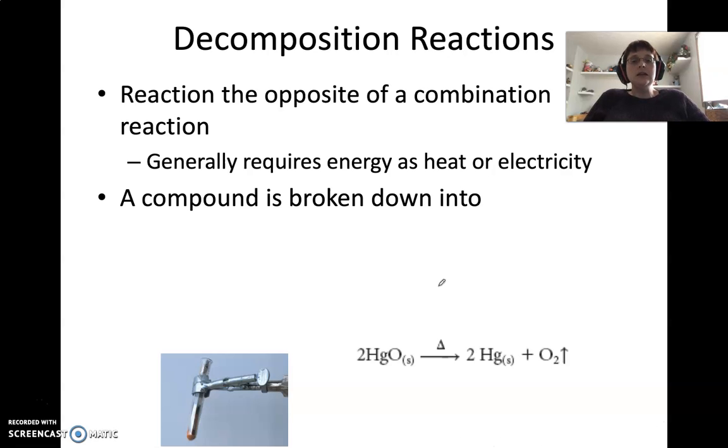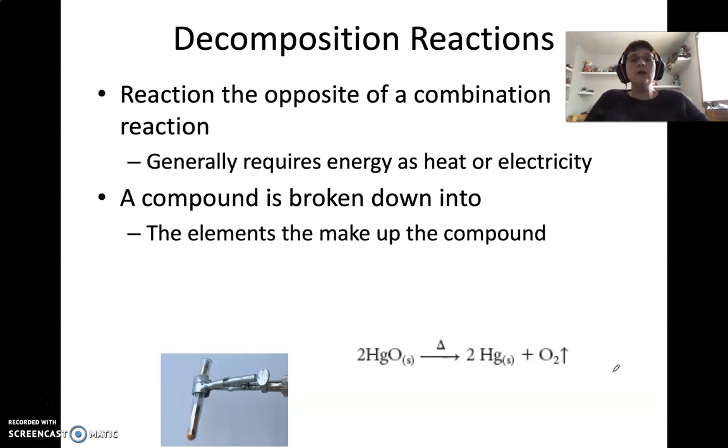So here you can see we've got a single compound and it's getting broken down. Now what it can get broken down into, it can get broken down into the elements like you see here, mercury and oxygen. But it can also get broken down into simpler compounds. So sometimes you just have something big.